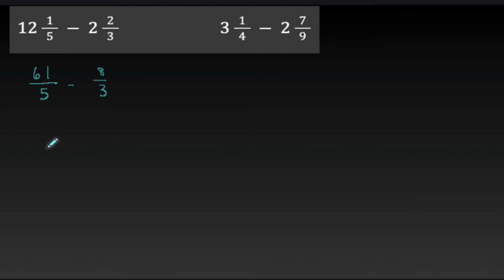So we can't just subtract, we have to have a common denominator, which will be 15 in this case. So let's turn this 3 into 15 by multiplying by 5. 5 multiplied by 3 to give us 15. Okay, so we have a common denominator of 15.